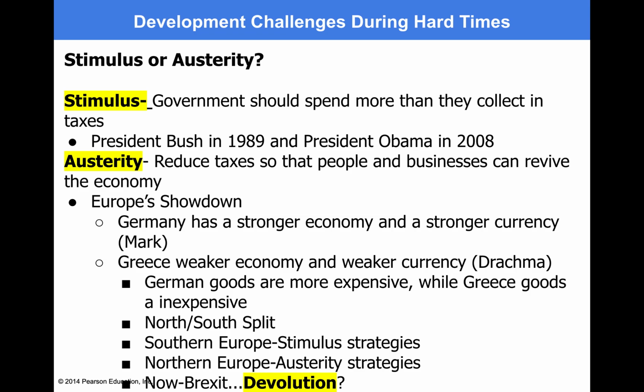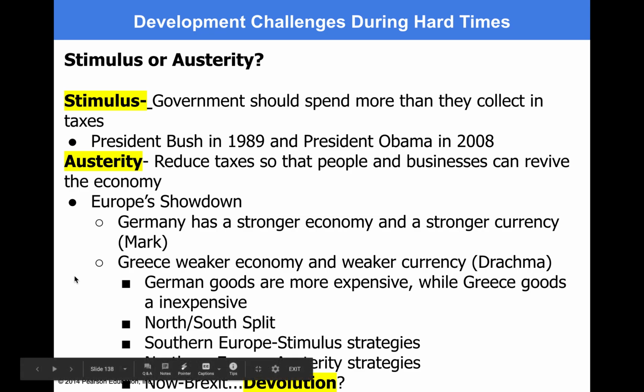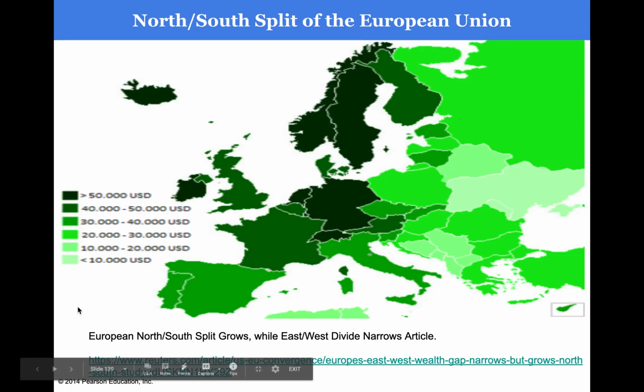And again, this is one of several factors that led to Brexit in the United Kingdom. But remember, one of the main causes was the movement of people in and out of their borders of the Eurozone freely, especially immigrants. It shows you the north-south split. Again, economically, development is much higher in the north, poorer in the south.